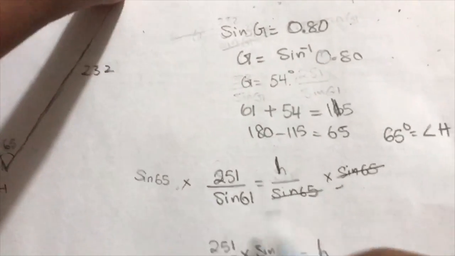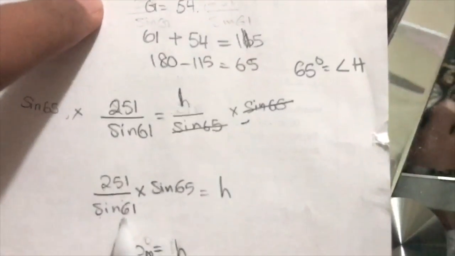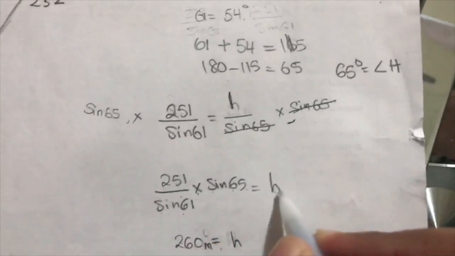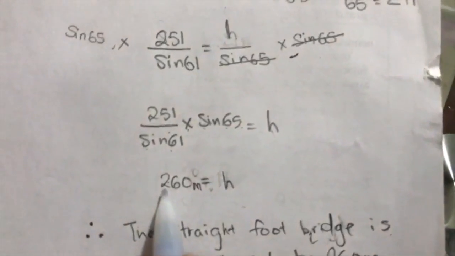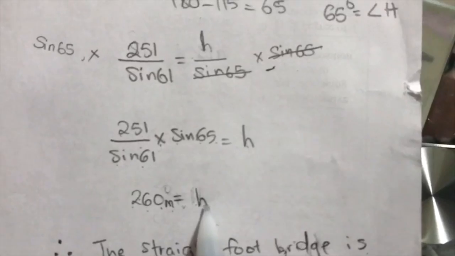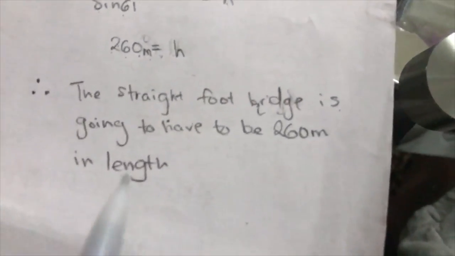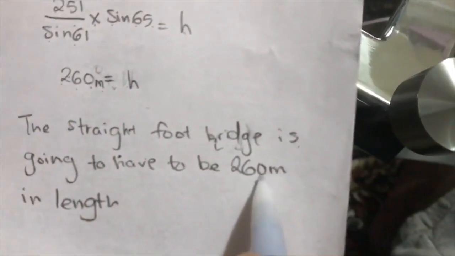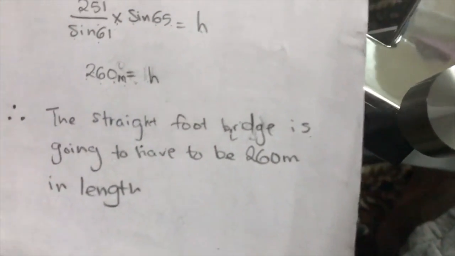And as you can see here, 251 divided by sine 61 times sine 65 will give you the length of h. And by doing the math using the calculator, I figured out that the length is 260 meters equals h. So here's our therefore statement. Therefore, the footbridge is going to have to be 260 meters in length.